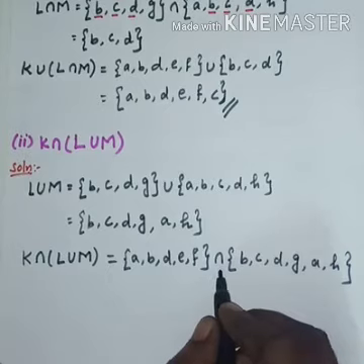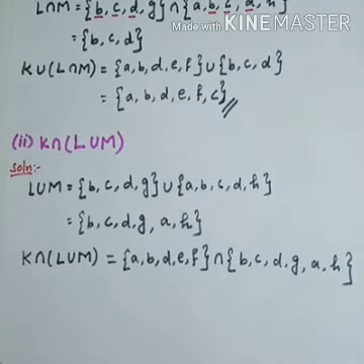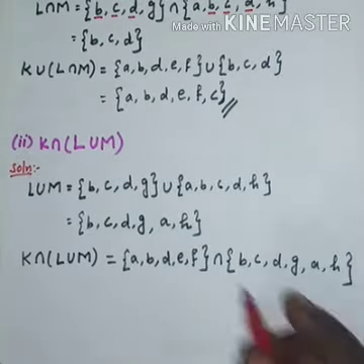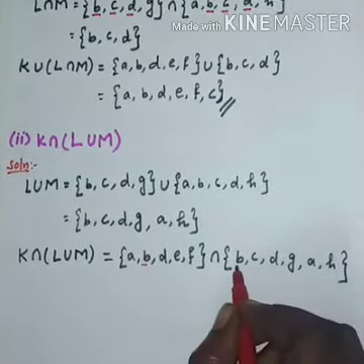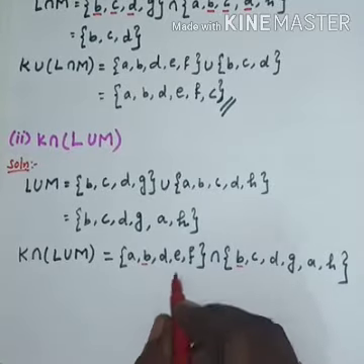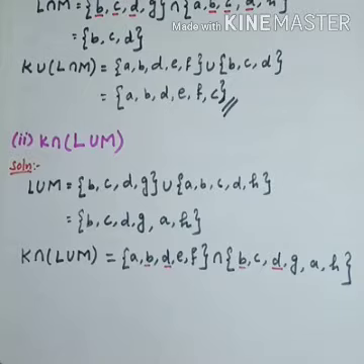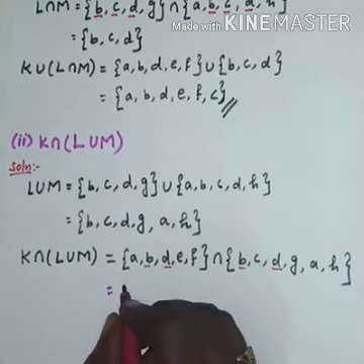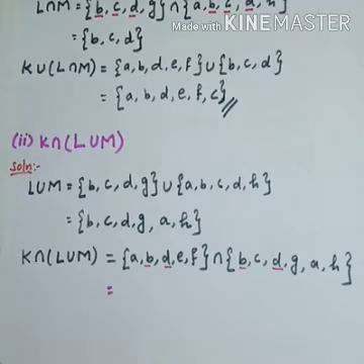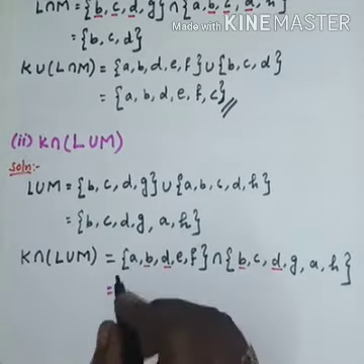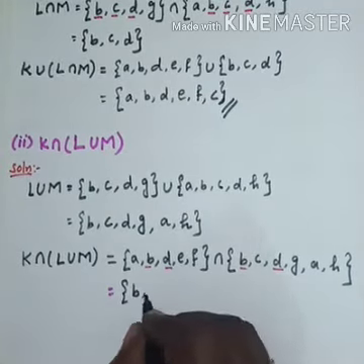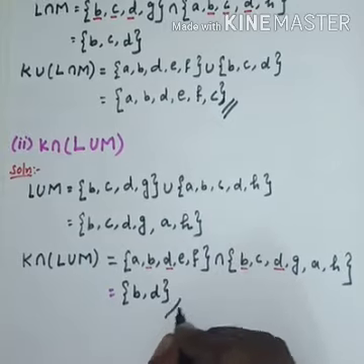What is intersection? We have to find the common elements in both the sets. So what are the common elements in both the sets? B is the common element, and then D is the common element, and there are no other common elements. So only B and D are the common elements. So B, D is the answer for this.